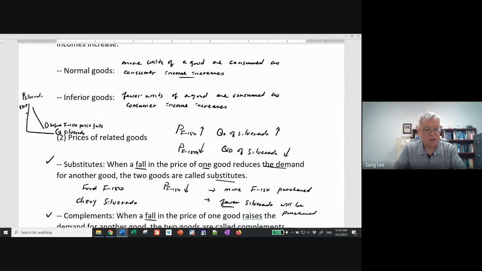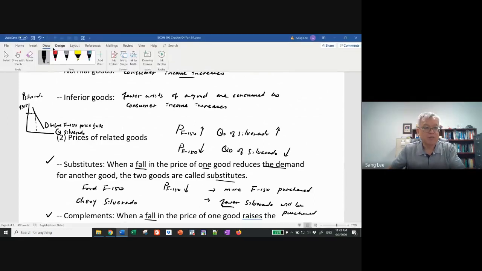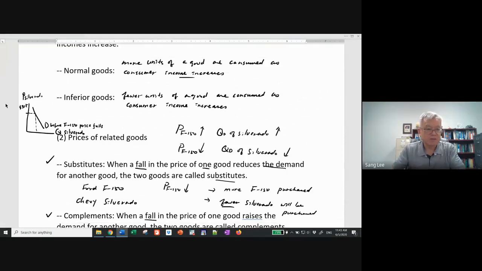I know it's more than $30,000. Even though the Silverado price is the same, once the Ford F-150 price goes down, people buy less than before. Same price, but people buy fewer Chevy Silverados.